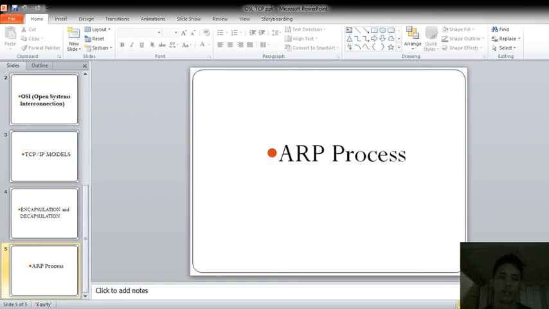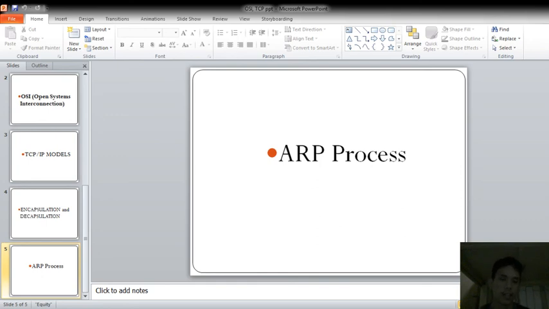Only the device with the matching IP address replies to the sending device with a packet containing its MAC address. The source device adds the destination MAC address to its ARP table for future reference, creates a data link header and trailer that encapsulates the data, and then proceeds to transfer the data.